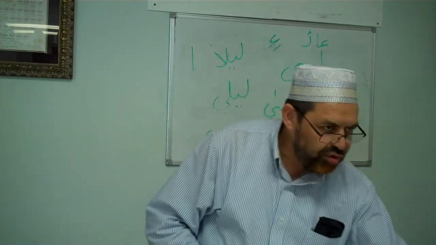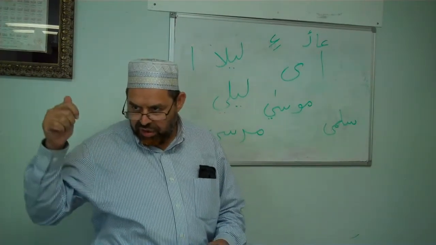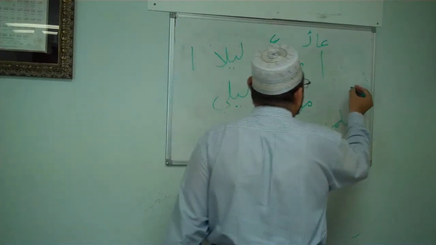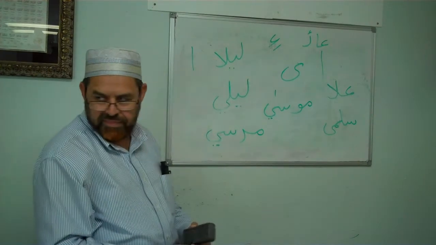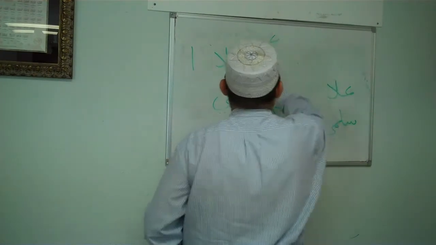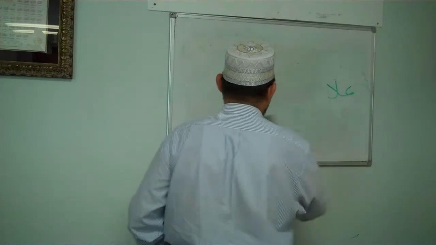Otherwise, when you hear the word ala, it comes to your mind with the old alif that we know, that it should be written like that, with lam alif. But you do not write ala with lam alif.